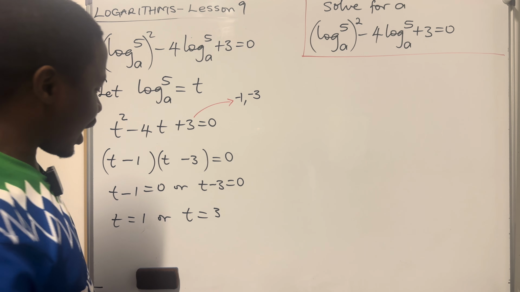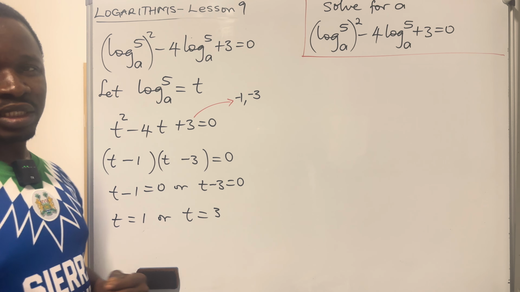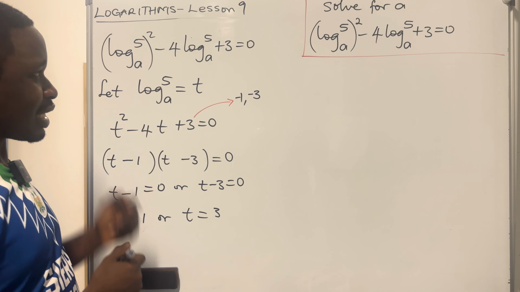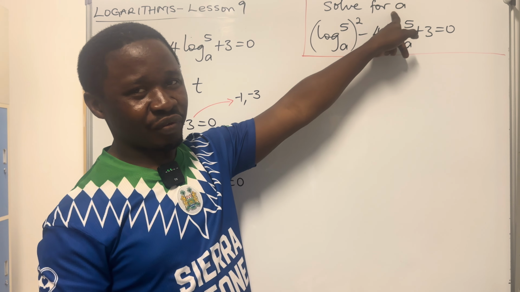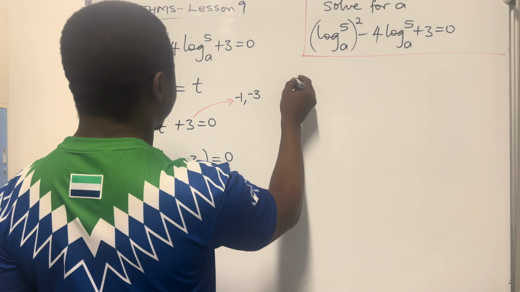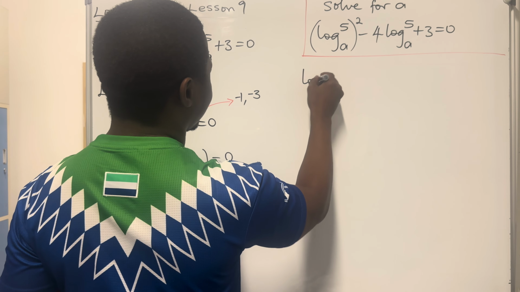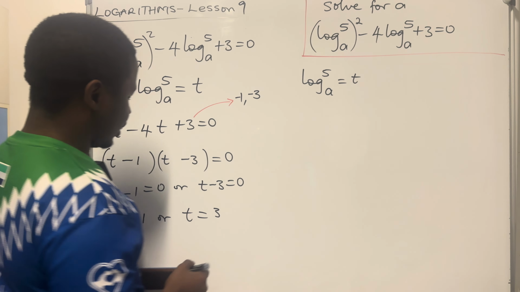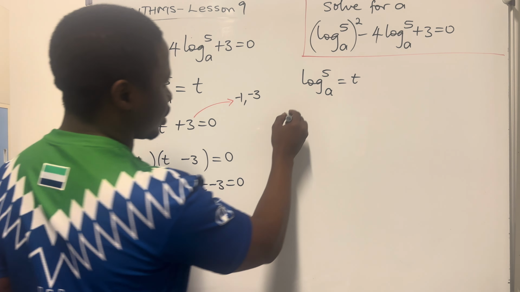But you and I know that the question does not come with t. We used t to represent log 5 base a. We are to find the value of a. So now we say log 5 base a is equal to t. We start with this one.